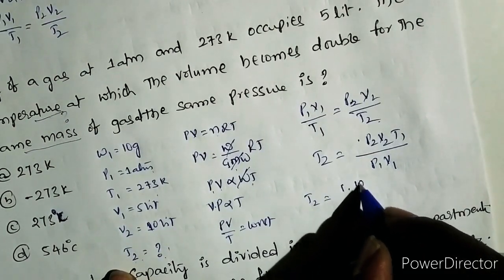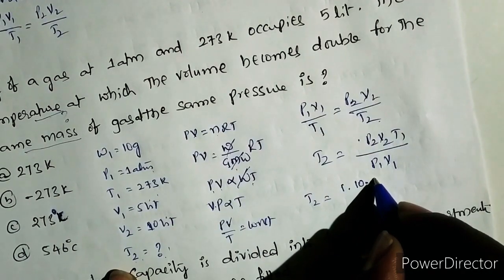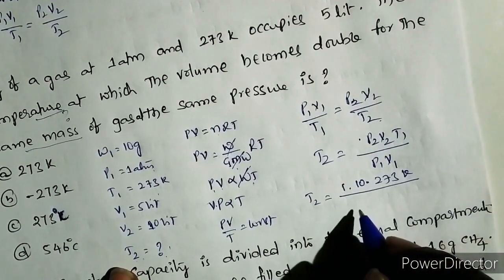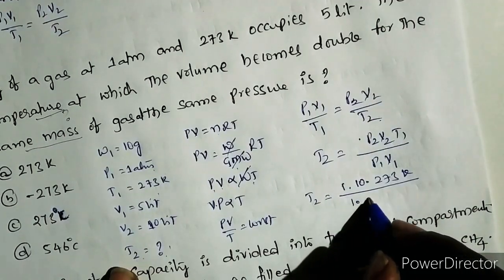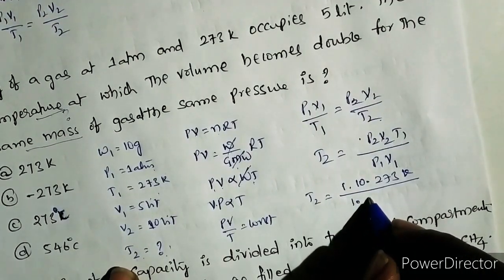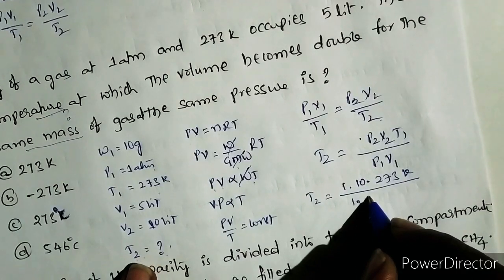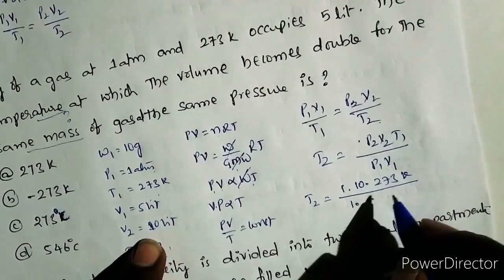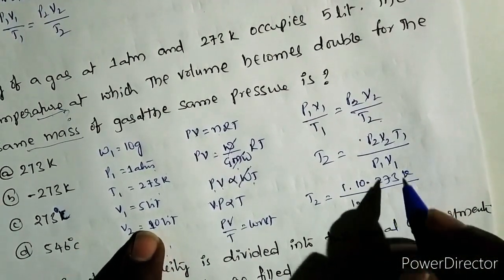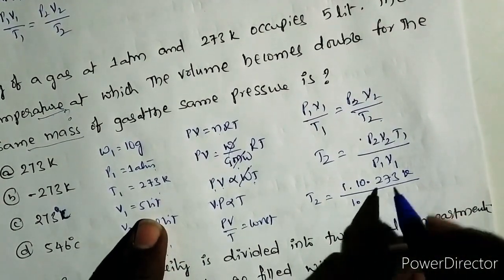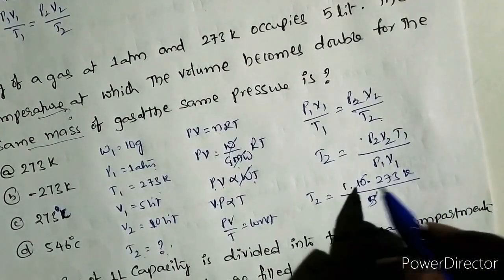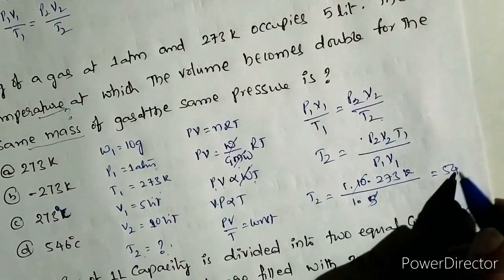Volume V2 is 10 and T1 is 273 Kelvins, by P1, 1 atmosphere again, and what is the volume given? V1 is 5 liters. So if you do this calculation, what you are going to get is 546 kelvins.